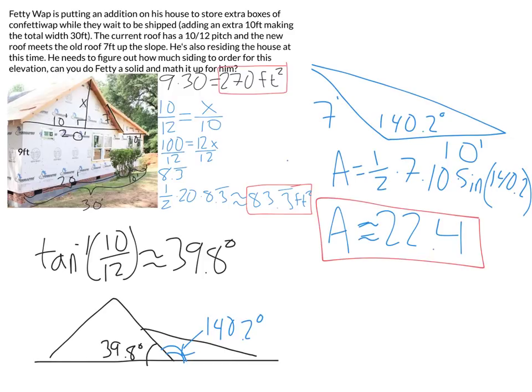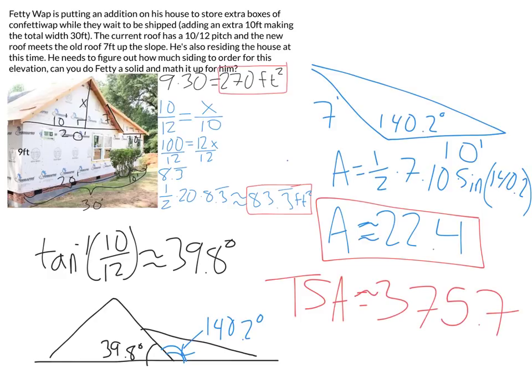So what do I do with all these? I'm going to add them together. So I got to add in the 83.3 repeating and the 270 from that initial rectangle that we figured out. And I get a total surface area, we'll say, of 375.737.